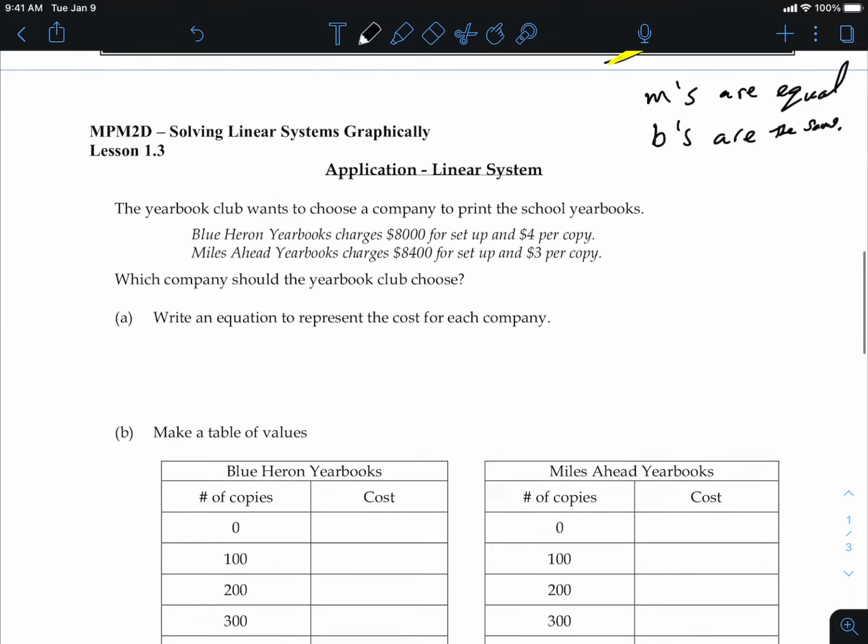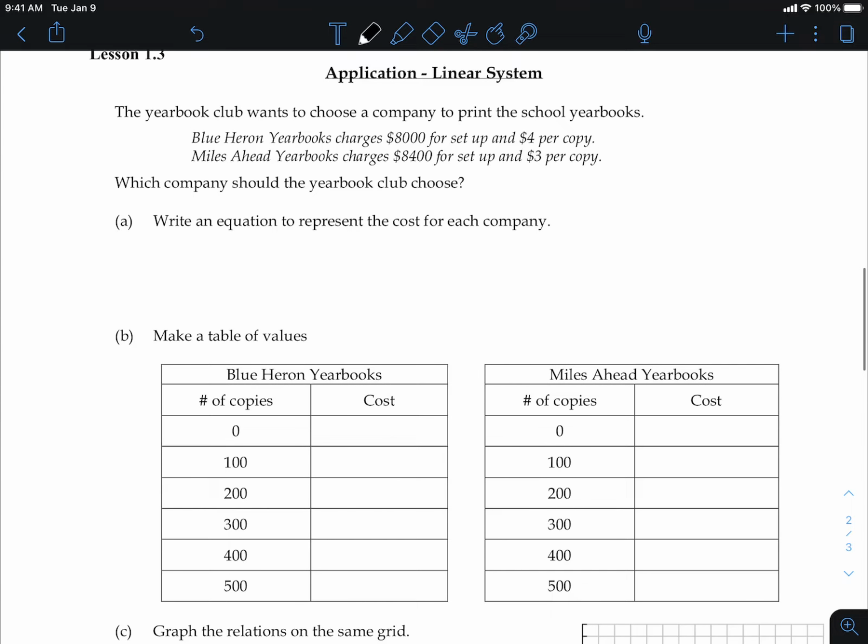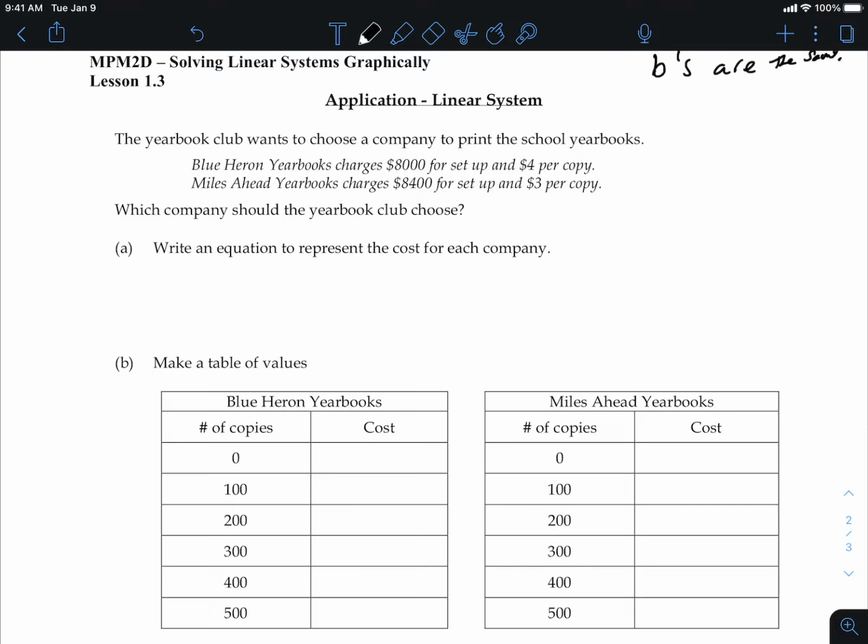Now, if you guys turn the page over, we're going to put words to an actual set of linear equations, okay? This is where the fun begins.